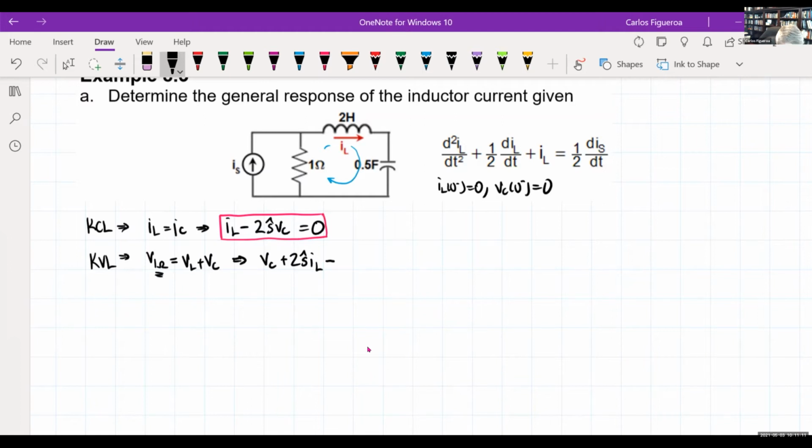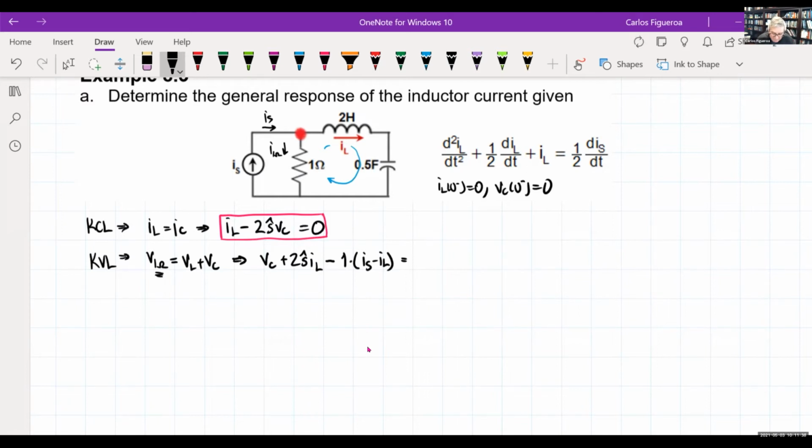So let's focus on the 1. If I apply KCL at this node right here, you could see at this node I have I source, I 1 ohm, and then the current of the inductor. This is a 1 ohm resistor, so it's going to be 1 times, and KCL tells me it's I source minus IL. Let's clean this up.